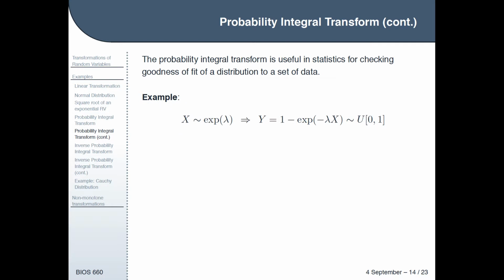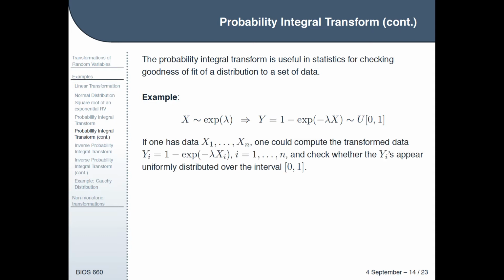For example, if you have some random variable x that you believe to be exponentially distributed with rate parameter lambda, you take the x, multiply it by minus lambda, take 1 minus e to the power of this, and that should be uniform on 0 to 1.